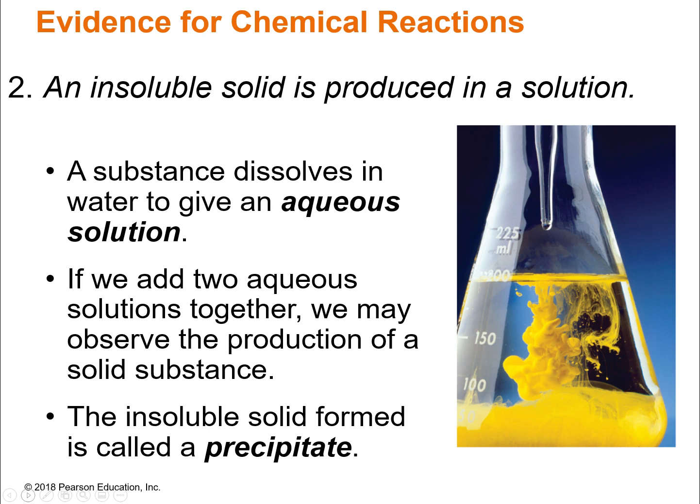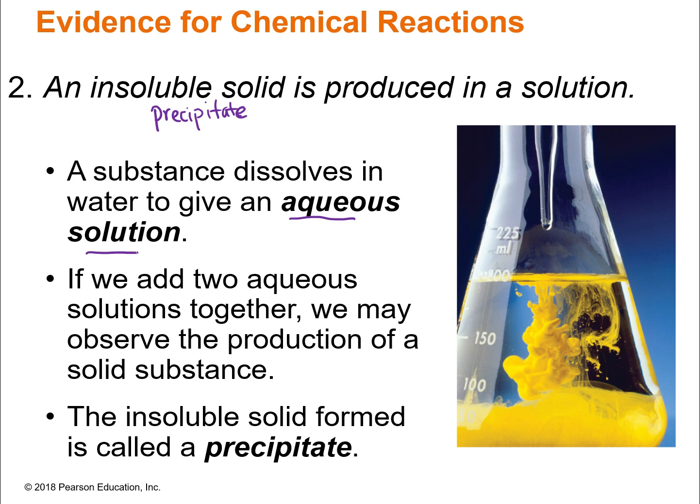The second thing you might see as a result of a chemical reaction is an insoluble solid forming. That's also called a precipitate. So you may have 2 substances that are dissolved in water, which is called an aqueous solution.